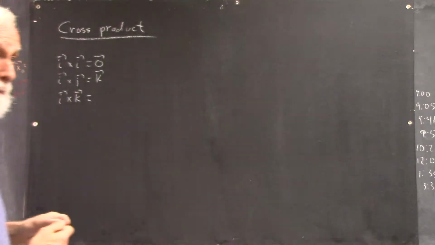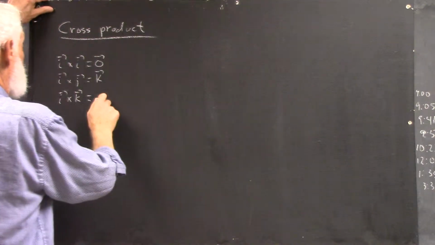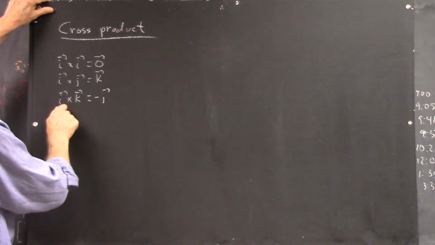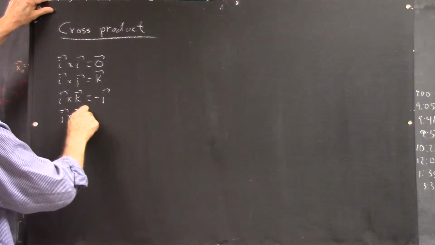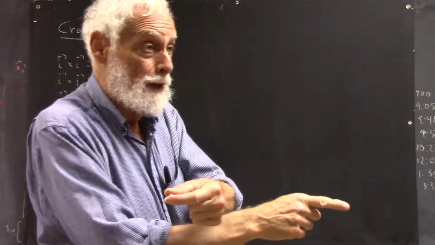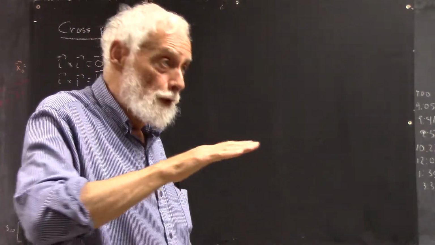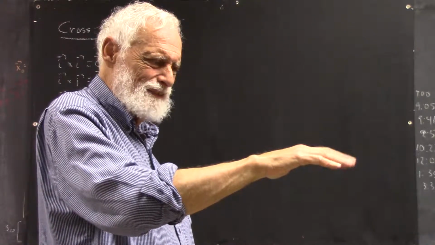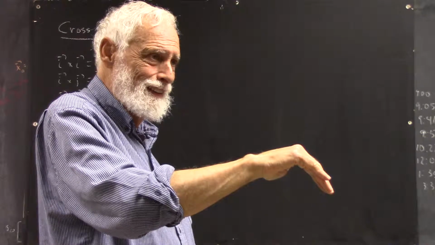Does that make sense? So we'll do this for every possible product except, of course, okay, j cross I. Okay? There's j, there's I. Put my fingers in the direction of j, and if I have it like this, I can't, my hand doesn't go toward I, does it?